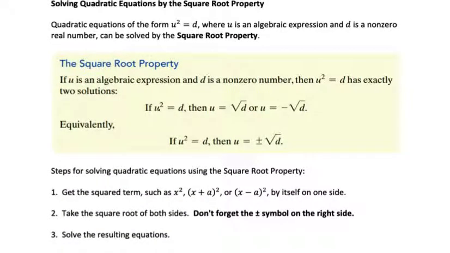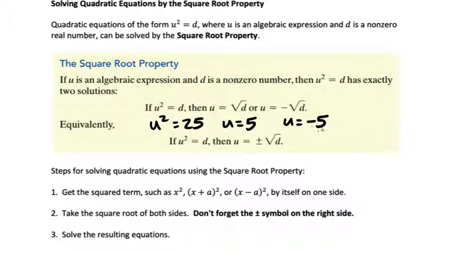So u squared is equal to our number. For example, if u squared is equal to 25, then u could be equal to the square root of that number, so 5, or the negative square root of that number, which would be negative 5, because both 5 and negative 5, when you square them, you get positive 25.